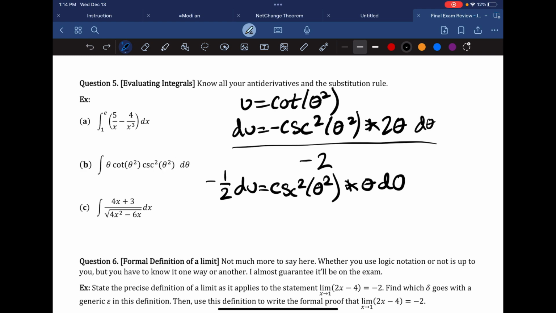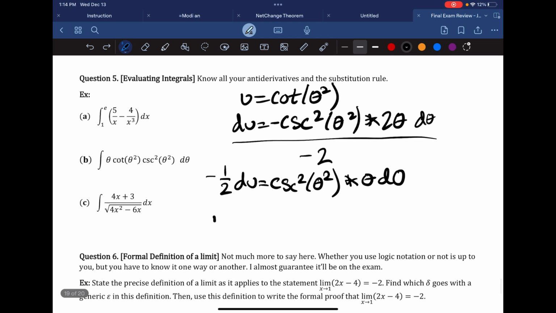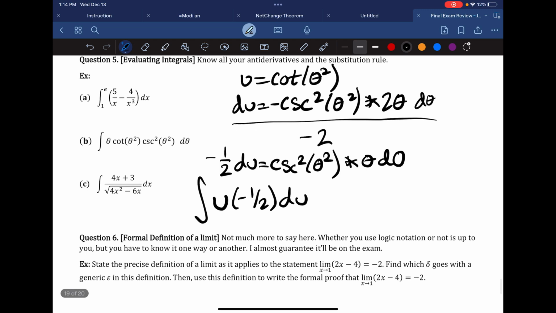So then you're going to be able to rewrite this as u, because we're saying our u is cotangent of theta squared, times negative 1/2 du is our new integral, right?